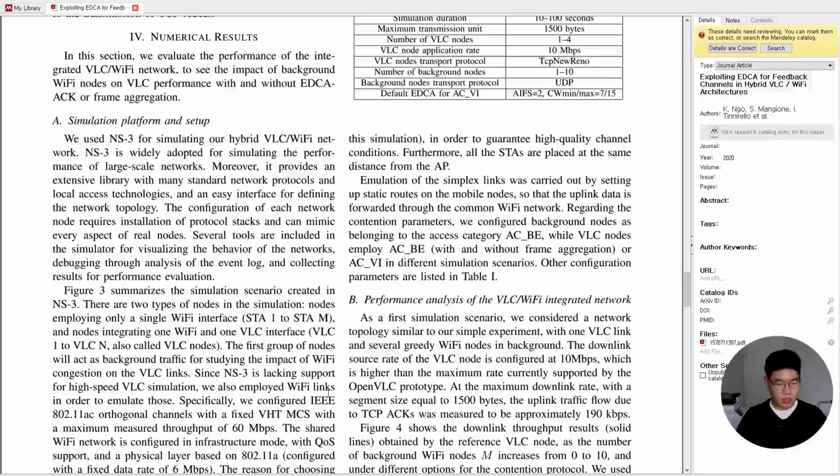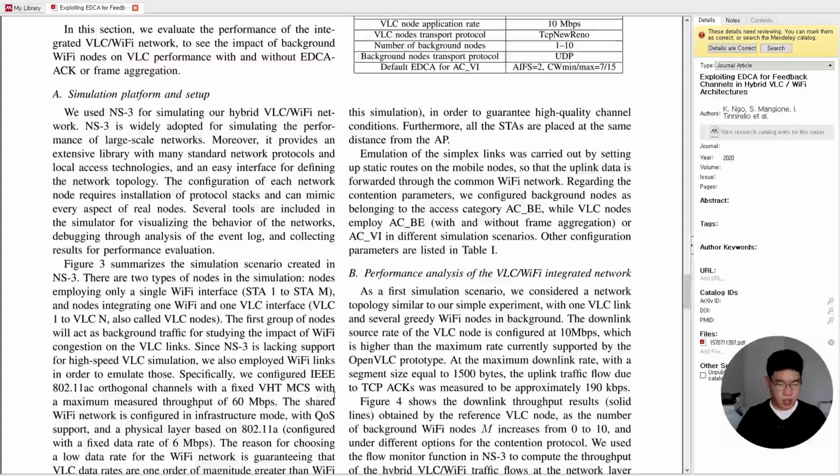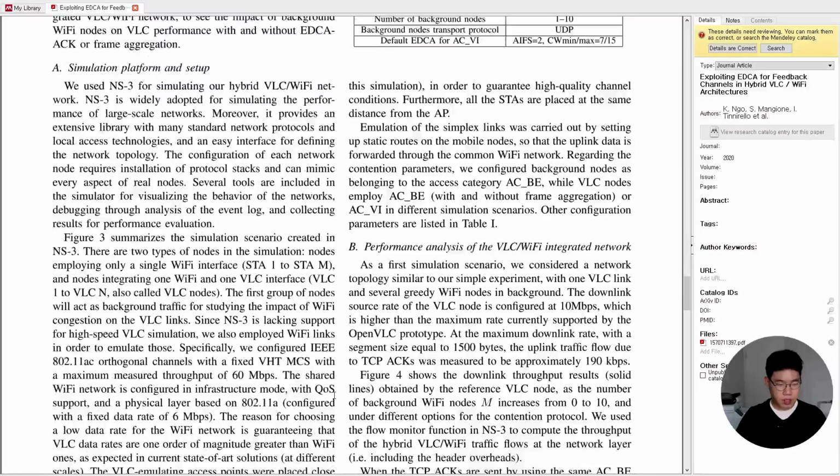The shared Wi-Fi networks were configured in infrastructure mode with QoS support and a physical layer based on 802.11a configured with a fixed data rate of 6 Mbps. The reason for choosing a low data rate for the Wi-Fi networks is to guarantee that VLC data rates are one order of magnitude greater than Wi-Fi ones, as expected in the current state-of-the-art solutions.